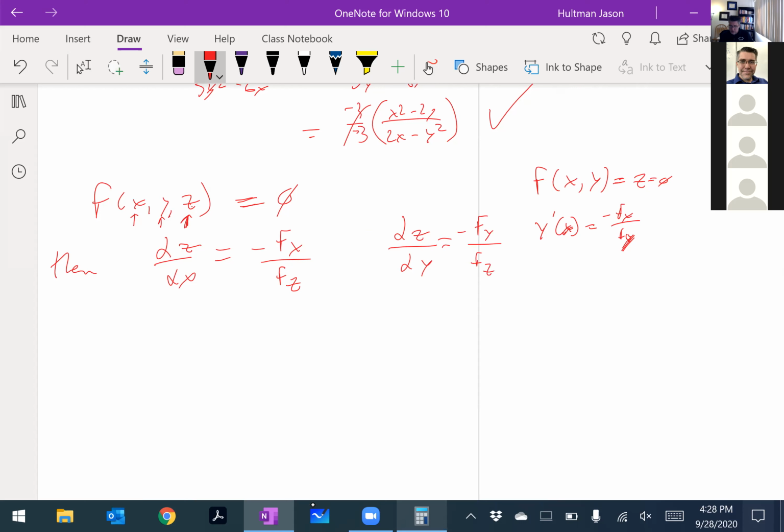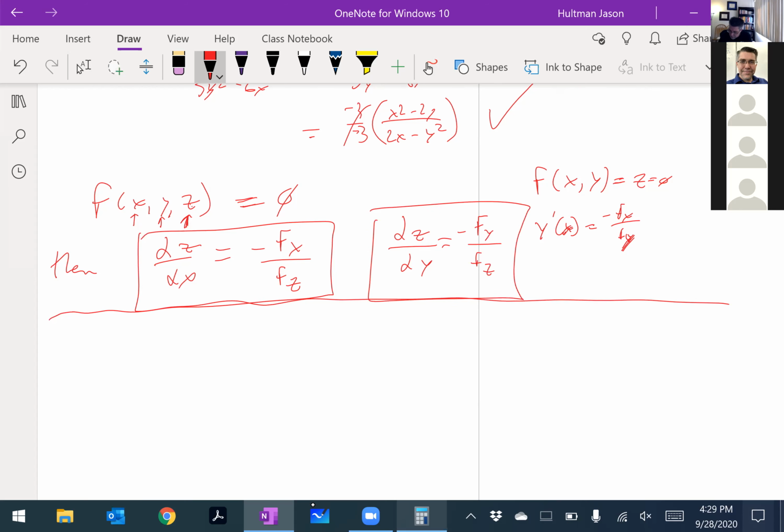Whatever function you're dealing with, that goes on the bottom. I'm going to leave one like that as a homework exercise, just knowing that they're partials if you have more than 2 variables.